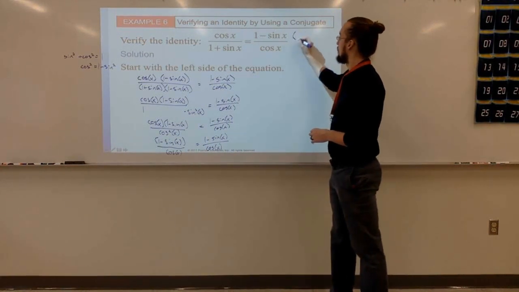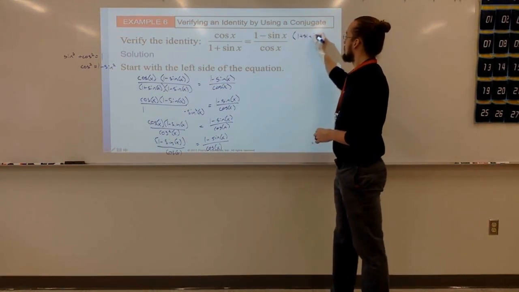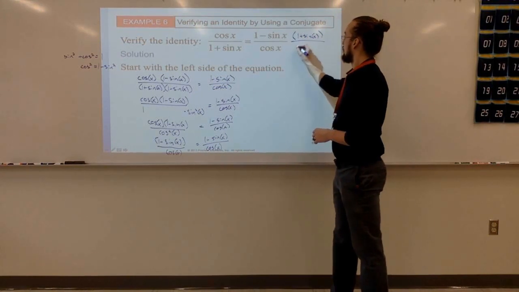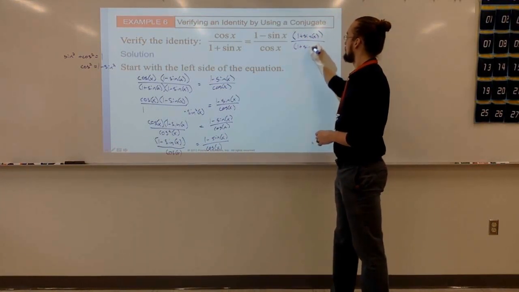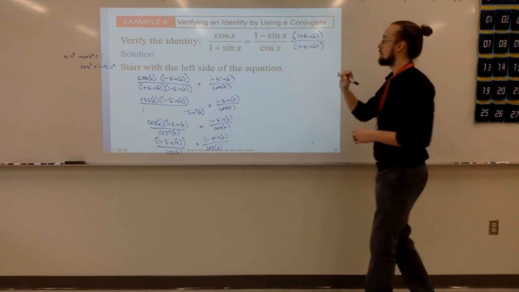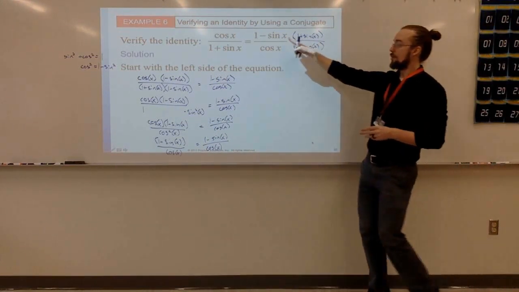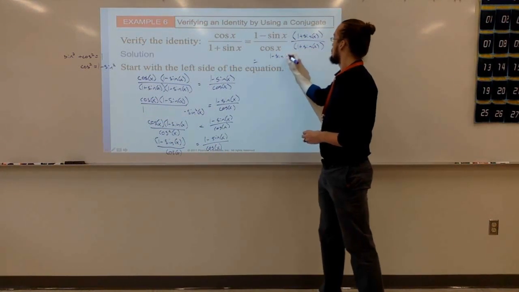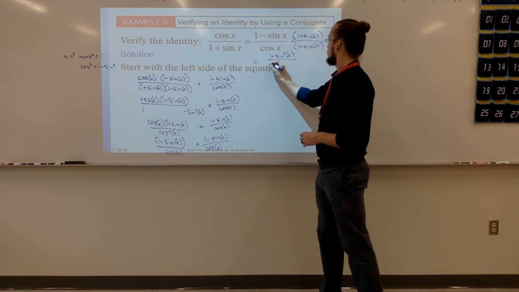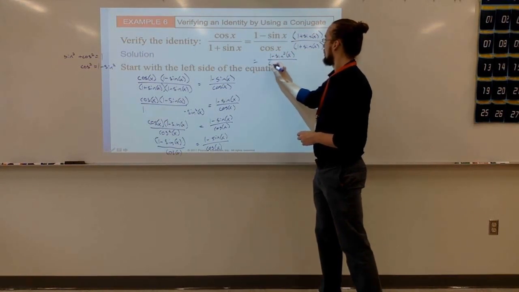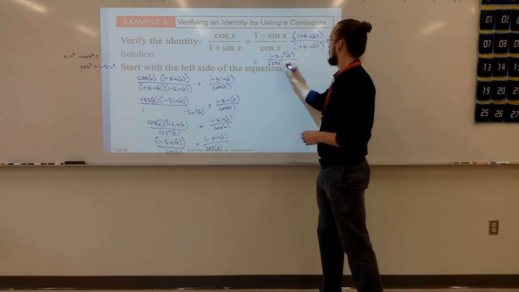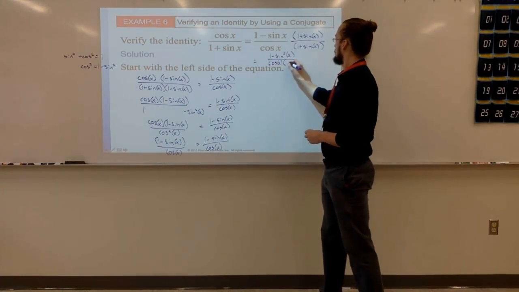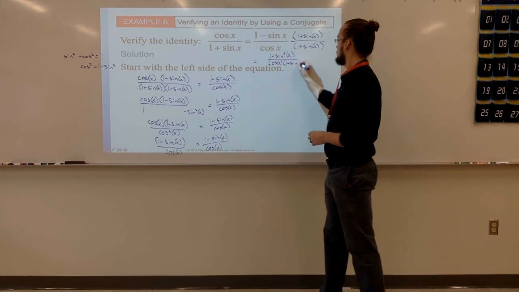I could have multiplied over here by 1 plus sine over 1 plus sine. Then in my numerator, we would get 1 minus sine squared over cosine times 1 plus sine.